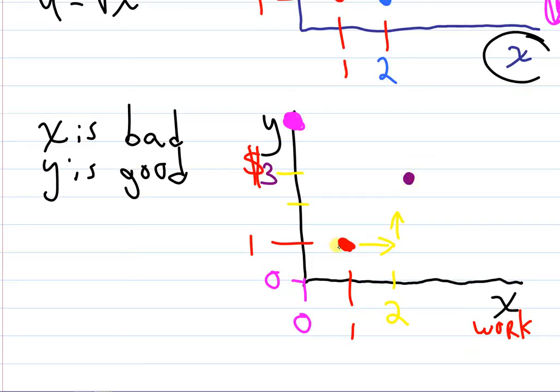And so it could be that for a particular person, these 2 points, the purple and the red, they're indifferent between. And if you want them to work another hour, you might have to give them another $2, or maybe even more, another $3, right? And so we would have indifference curves that would probably look something like this.